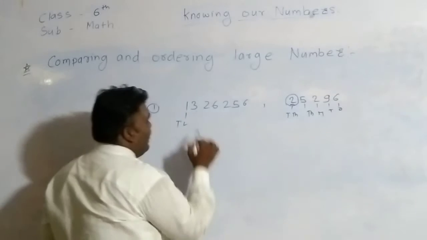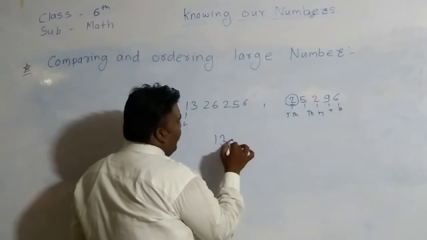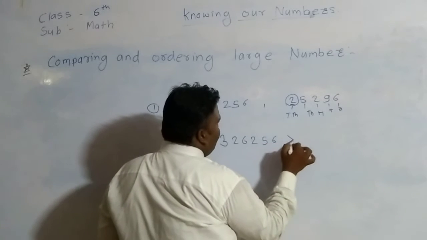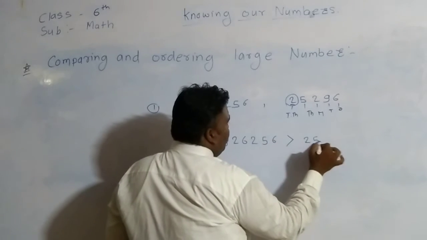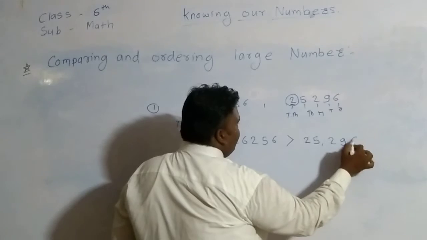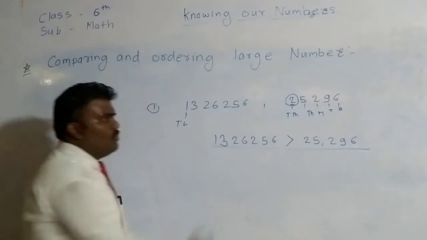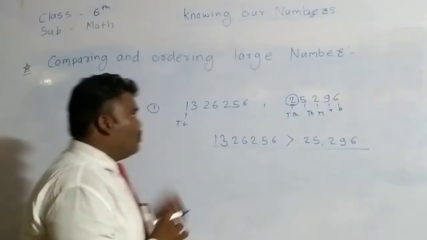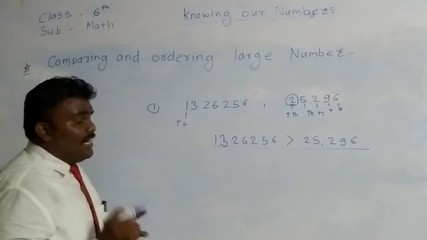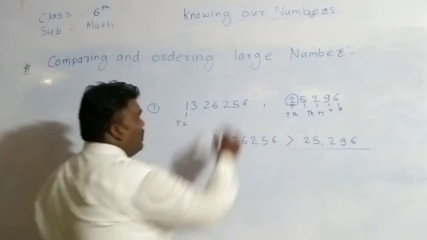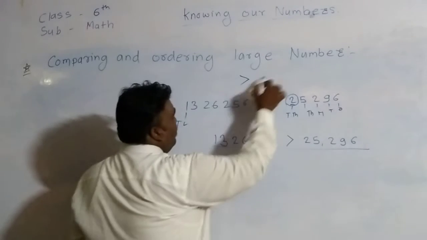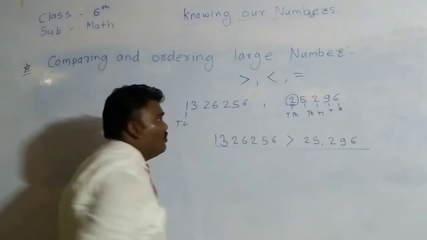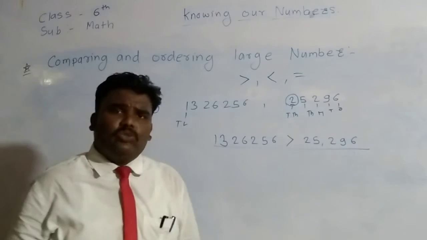So dear friends, I can write here like this: 13,26,256 is greater than 25,296. So this is all about the comparison of two numbers. Dear students, you also have to understand one very important thing. We use some notations or symbols like this: greater than, less than and equal to. So how many symbols are there, dear students?